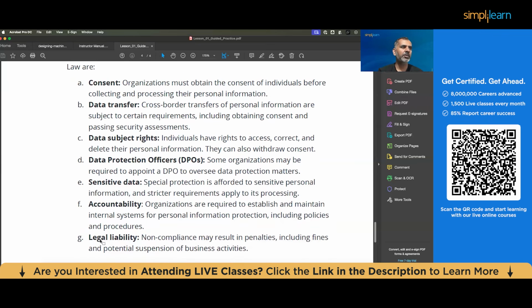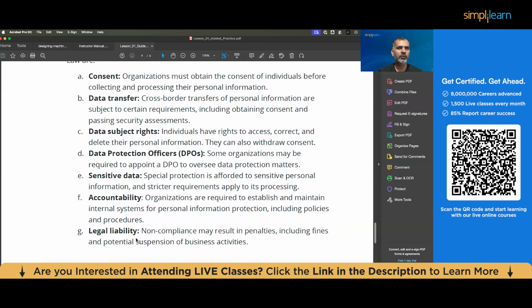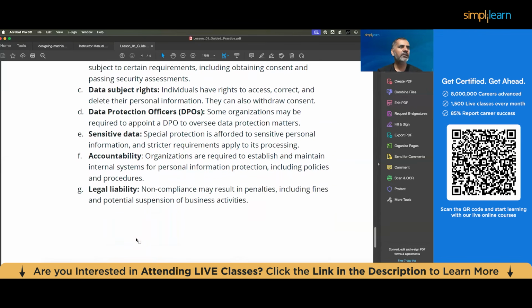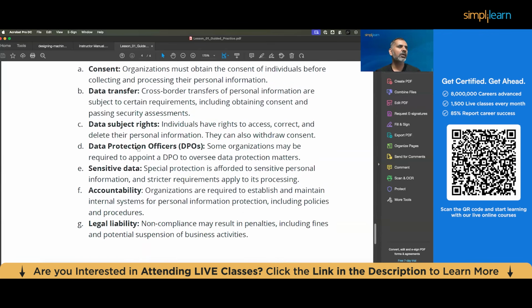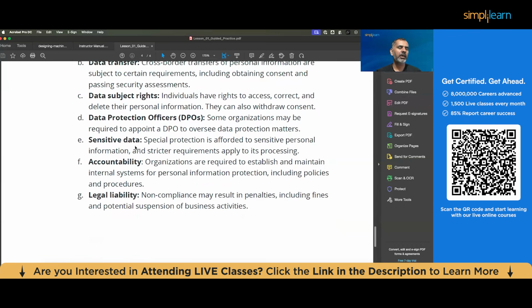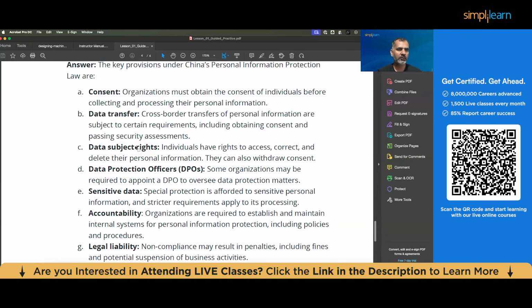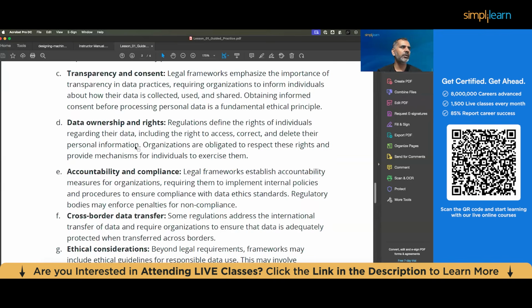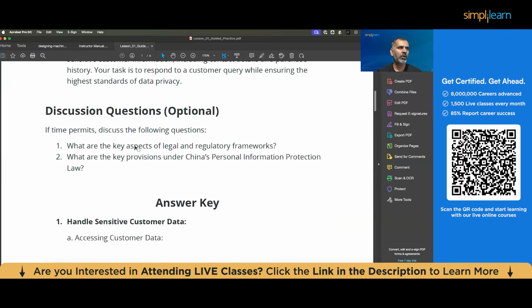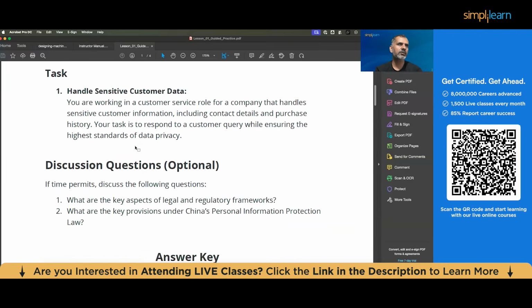You need to be accountable, and there are some legal liabilities included as well. So these are some points included in China's personal information protection law. This is something you can find while exploring and doing some self-study, guys. This is a guided practice that helps us impose data practices in your organization in different scenarios.